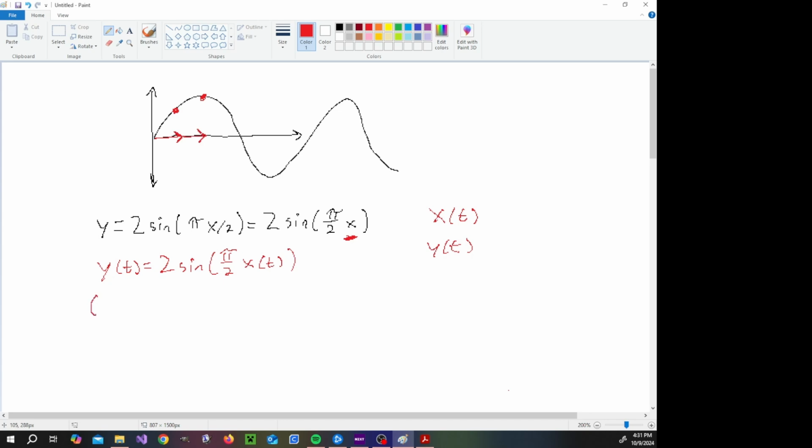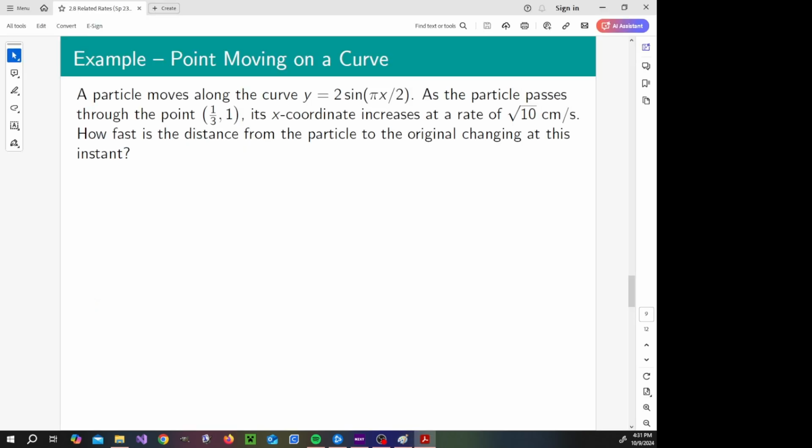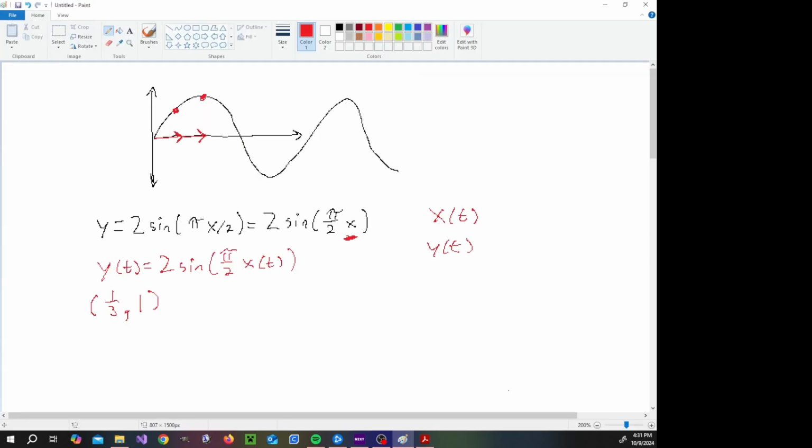So it tells us that when it passes through the coordinate (1/3, 1), how does it phrase it? Its x coordinate increases at a rate of root 10 centimeters per second.